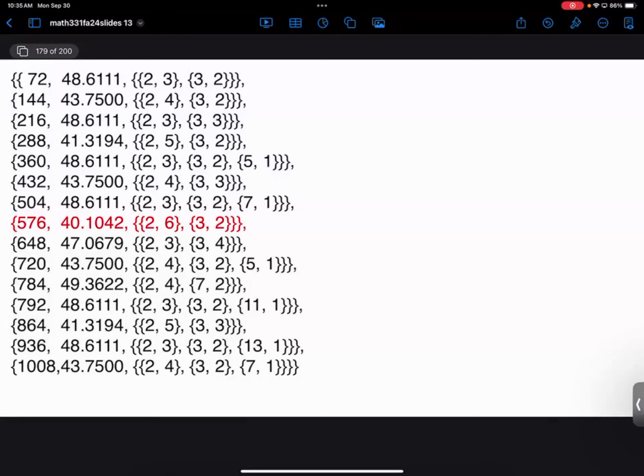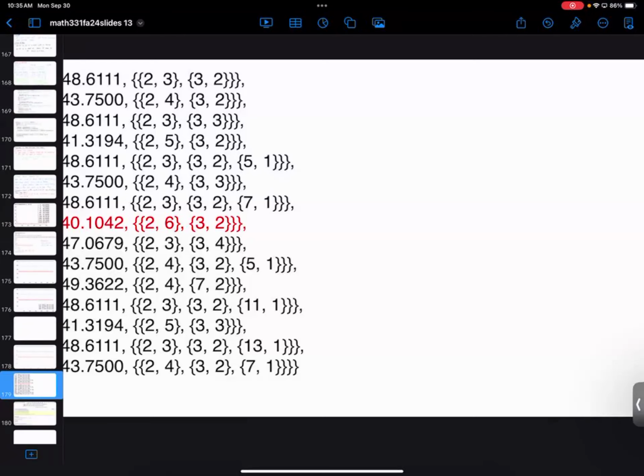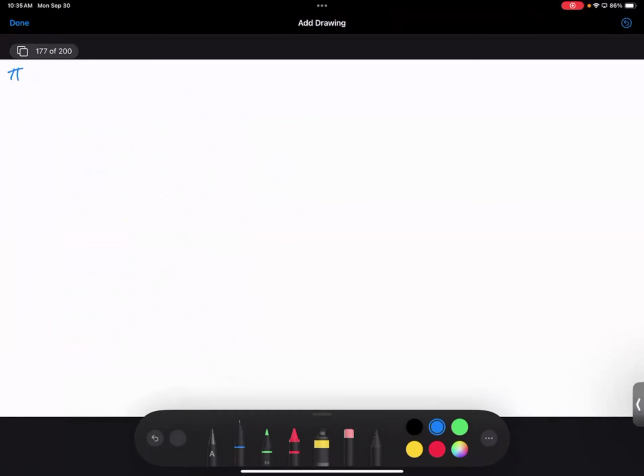And what smallest do we need? So let's see. We need to count the number of pairs a, b with 1 less than or equal to a, less than or equal to b, less than or equal to the square root of x, and a squared plus b squared less than or equal to x.